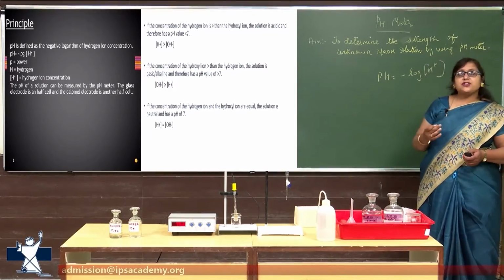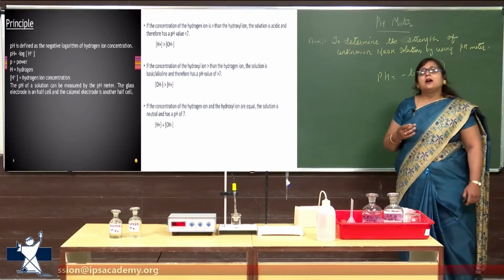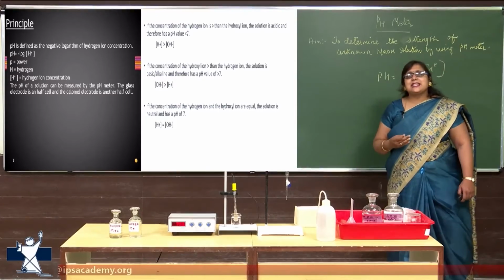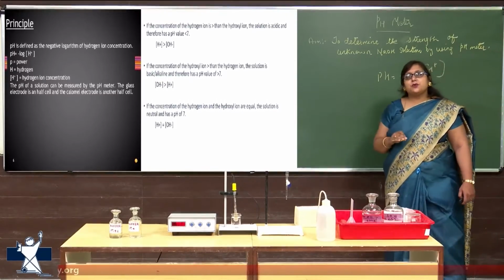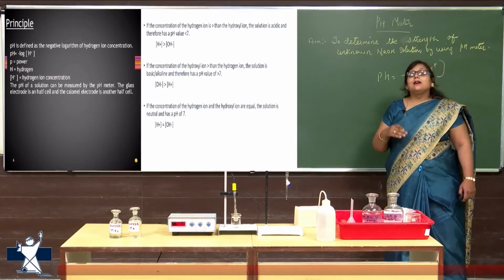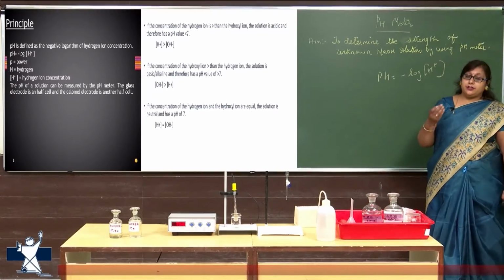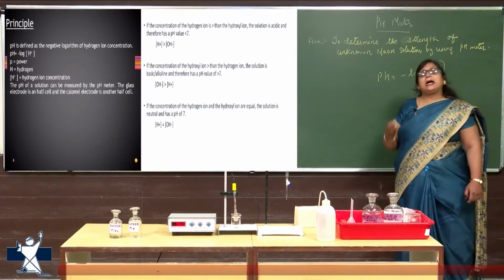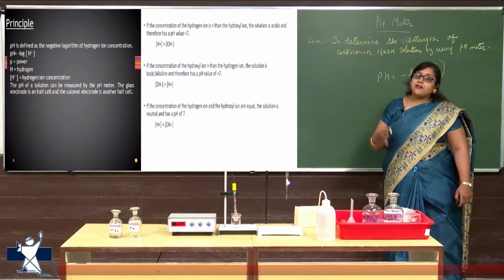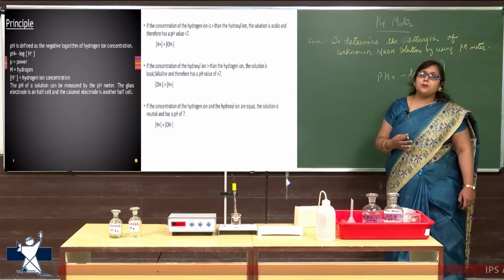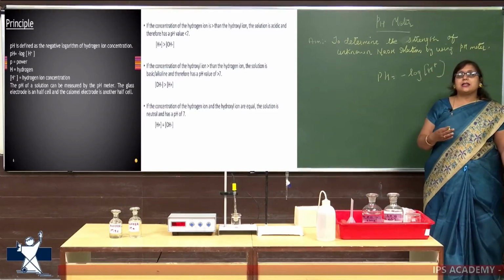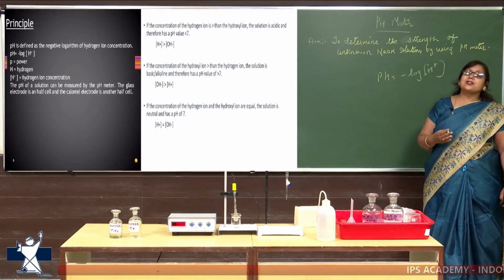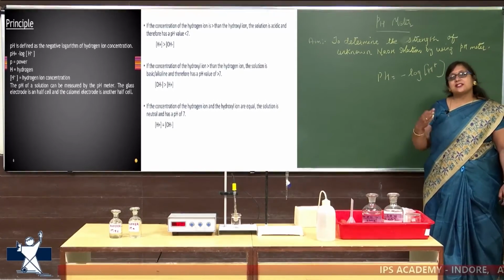If the pH is less than 7, then the hydrogen ion concentration is more, and the solution will be acidic. If the pH is more than 7, then it will be alkaline. In that case, the hydroxyl ion concentration will be more, and if the concentrations of hydrogen ion and hydroxyl ion are equal, then the solution is neutral and has a pH of 7.